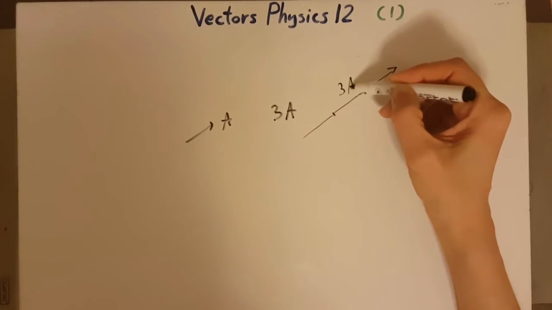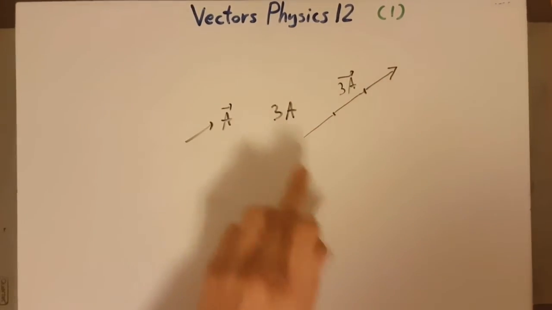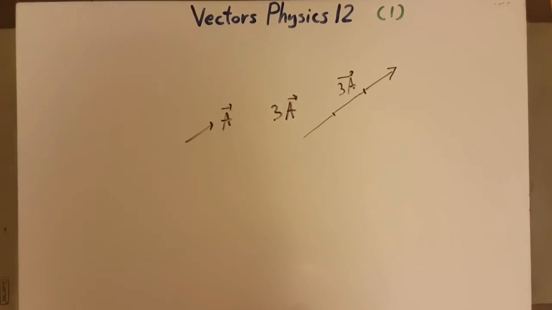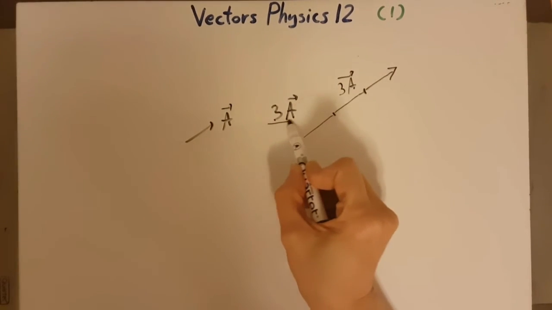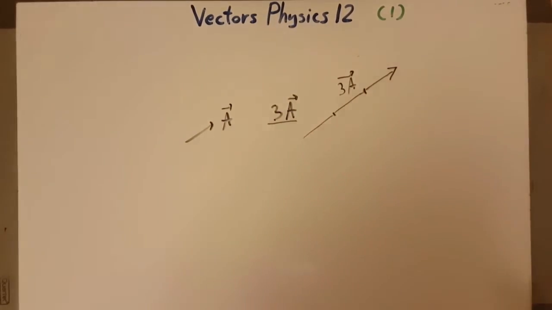This is a vector called 3A. So when you multiply a scalar, a number, by a vector, the result is a vector, and it's going to look like this. It makes sense, right? So you just design some other problems for yourself and try to solve them.